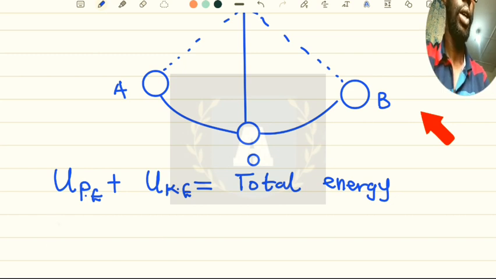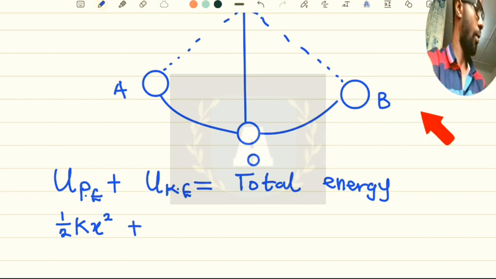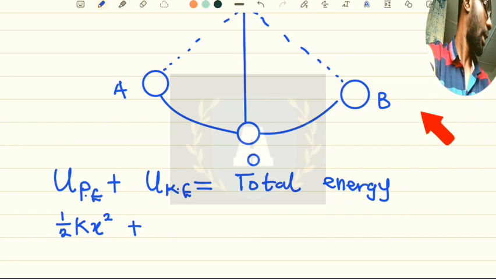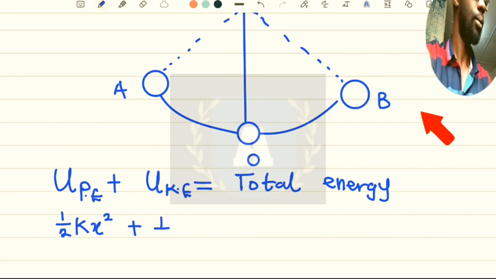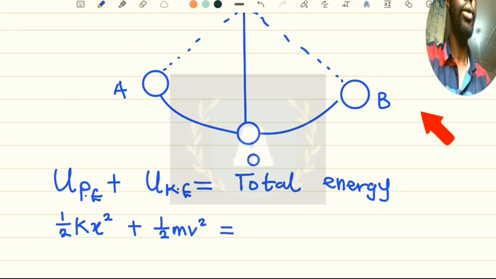And we know that in an elastic material undergoing SHM, the energy is half Kx squared plus half mv squared, which is the kinetic energy. So the total energy is equal to half Ka squared.